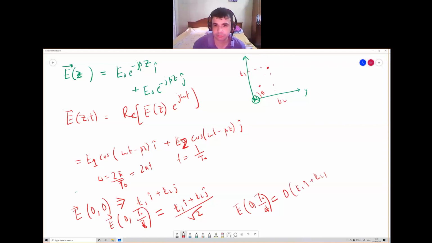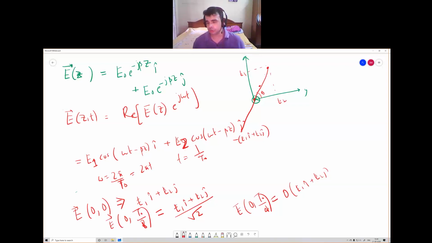It will be here, and if you might have guessed, it will go up to this point, which is minus of E1 i plus E2 j, and then again it will follow one straight line. This straight line is not along the x-axis, not along the y-axis, yet it is a straight line. You agree?